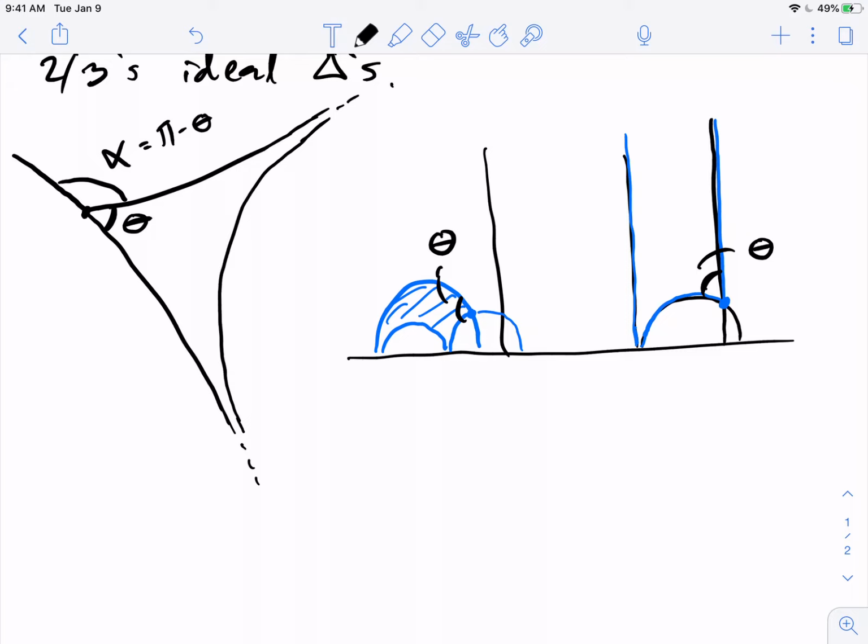So in this case, alpha's here, and in this case, alpha's here.